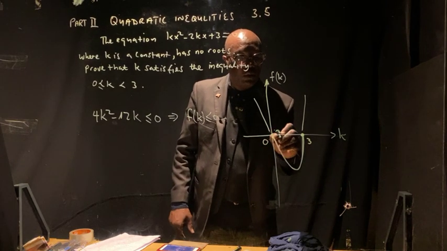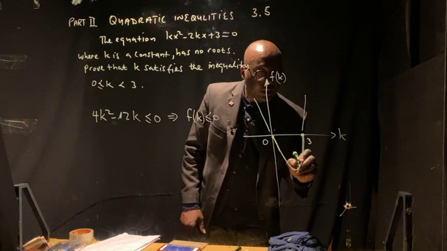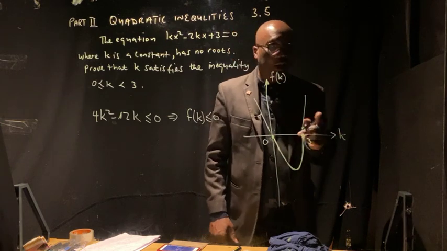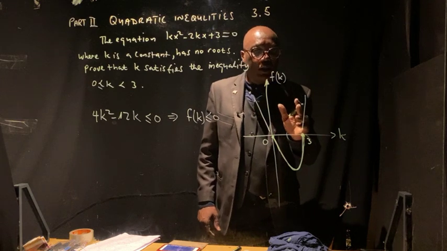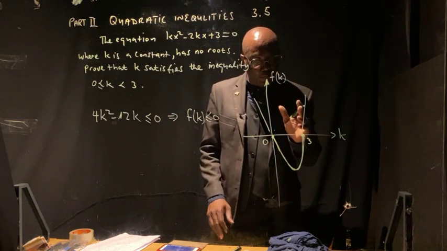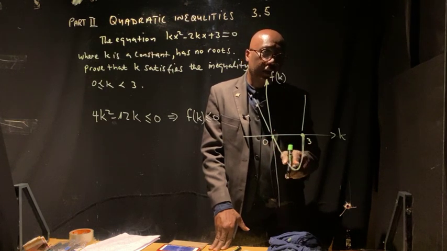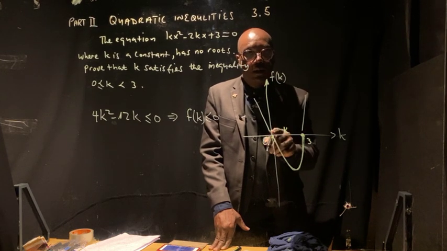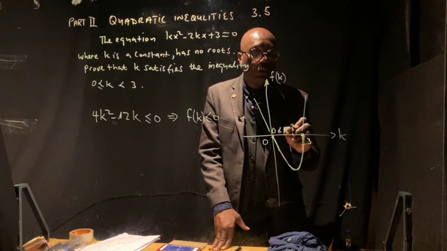So within this region, the values of k, sorry, I said x, we've been always working with x, and once we change to any other thing, we have to really be concentrated. The values of k within this region is what we are looking for. So k here will be 0, and here will be 3, this point.